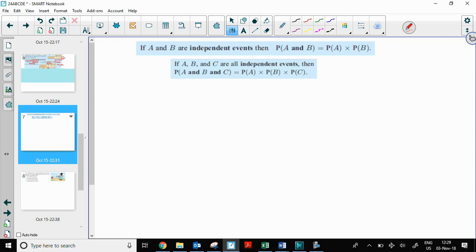It doesn't need to be only two, although most of the work that we do will focus on two events happening at a single time. If two events are not independent, they are, of course, dependent. And the important thing to take from this is when we're working out the probability of A and B both happening simultaneously, it's the probability of one multiplied by the probability of the other.